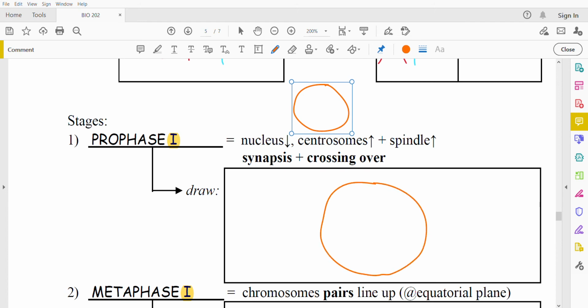You've noticed that in the initial cell, before we even get to the meiosis, we still had our nucleus there. But once we get to the prophase 1, the nucleus will disappear. That's no longer visible. But what shows up is going to be our centrosomes. So you remember this pear-like structure.